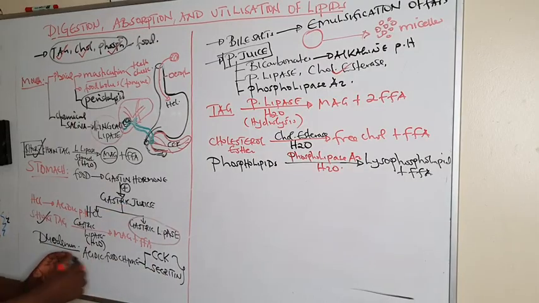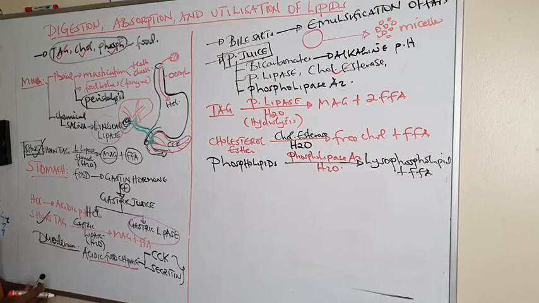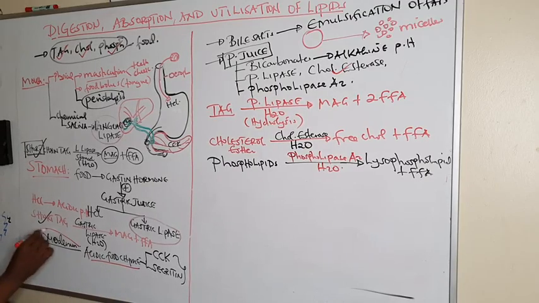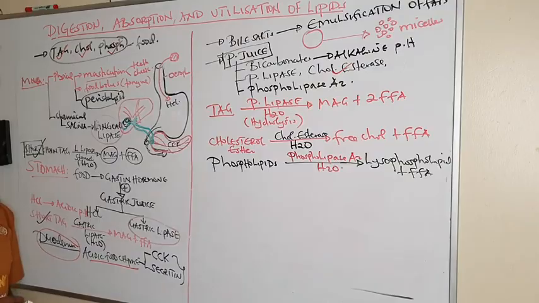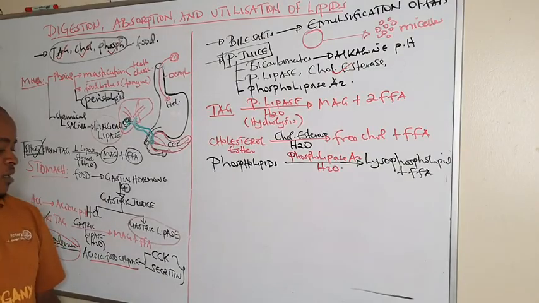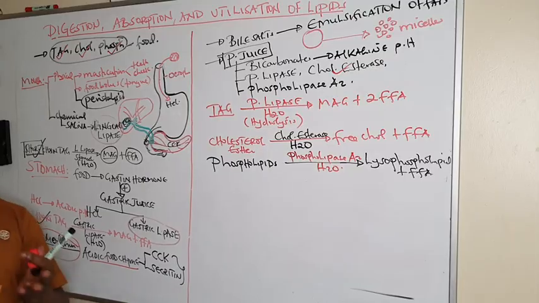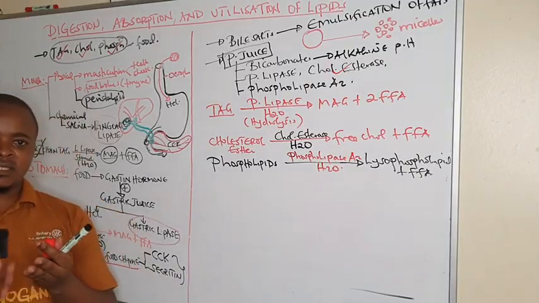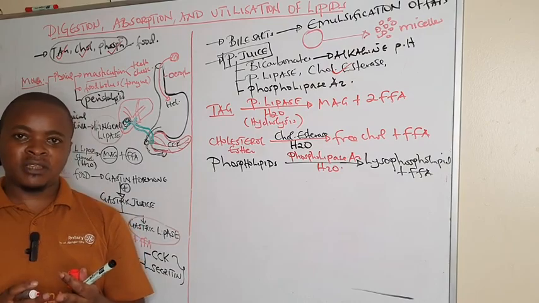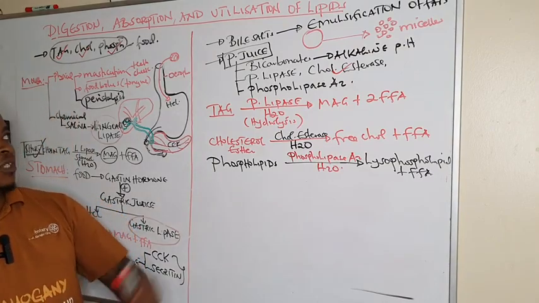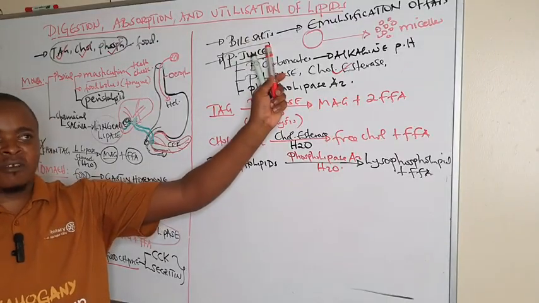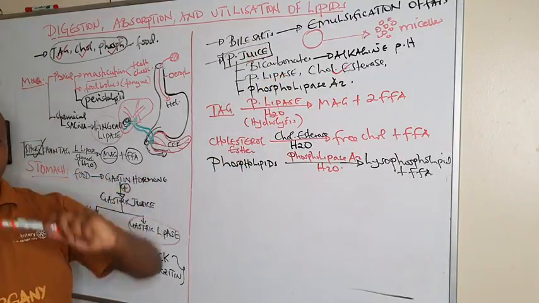Then the arrival of the acidic food in the duodenum, the first part of the small intestine, triggers production of CCK and secretin from the duodenal cells, which are the hormones responsible for triggering production of bile salts from the gallbladder and pancreatic juice.